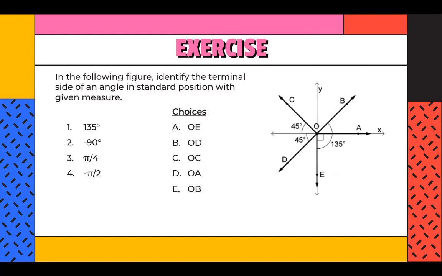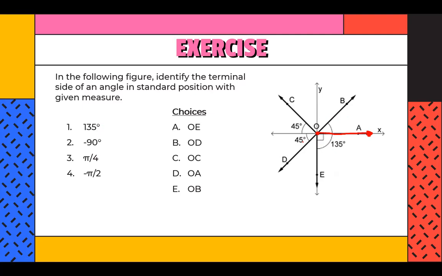Let's start with 135 degrees. We are considering that our angles are in standard position, so the vertex is here and its initial side is at the positive x-axis.